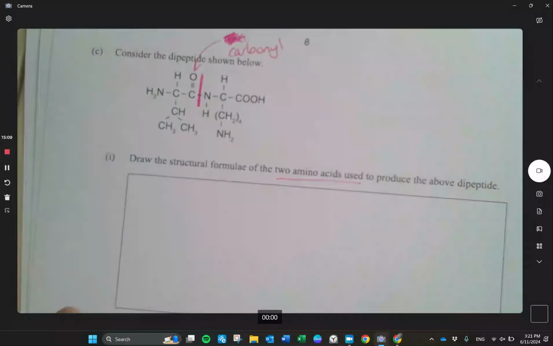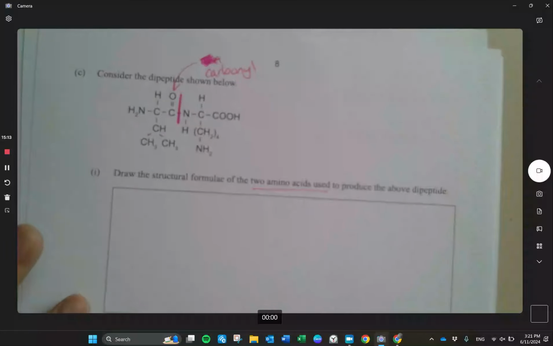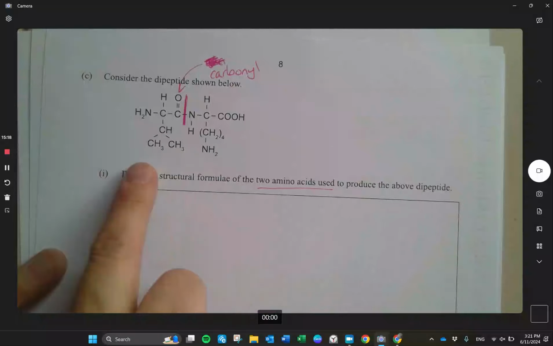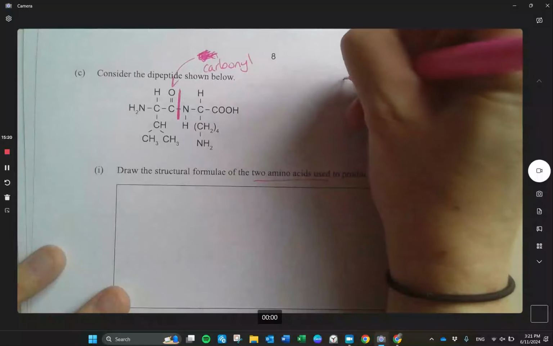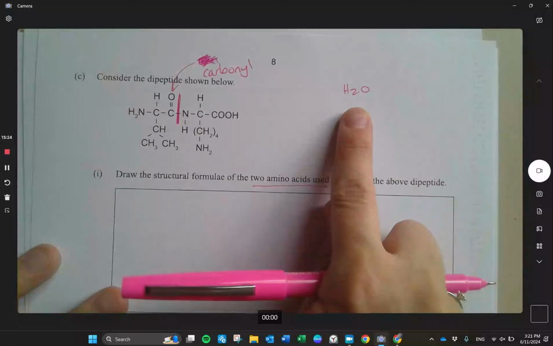All right, so the carbonyl. When we're doing hydrolysis, we are taking water, H2O, and we're using that to break up a molecule. When I use water to break up a molecule, one molecule is going to get the hydrogen, the other molecule is going to get the OH. Okay? So the carbonyl end is going to get the OH.